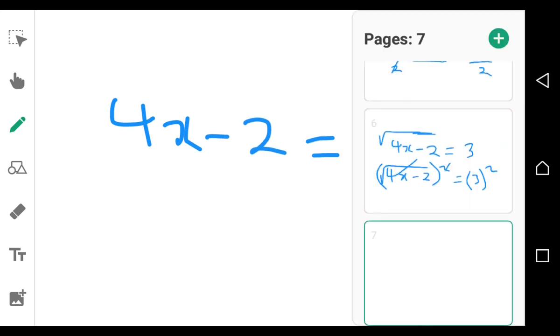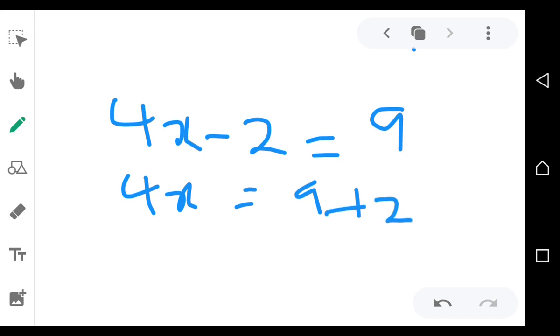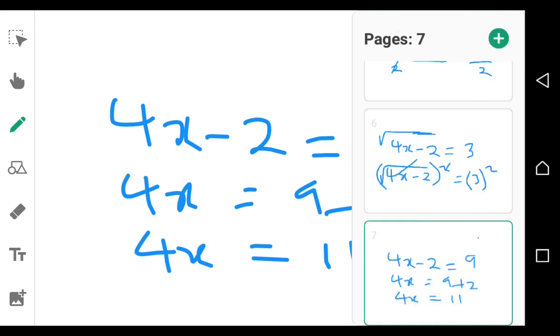So 4x minus 2 is equal to 3 squared, which is 9. So it will be 4x is equal to 9 plus 2, which is 11.